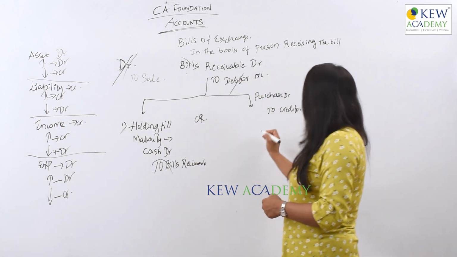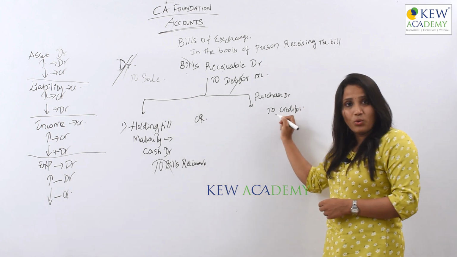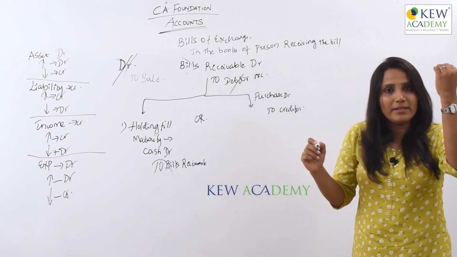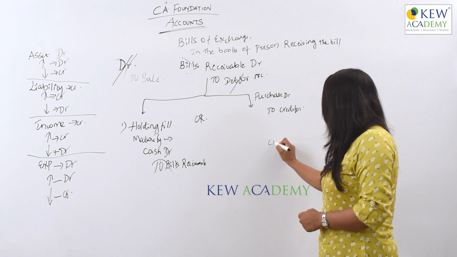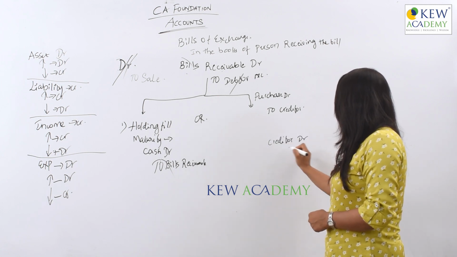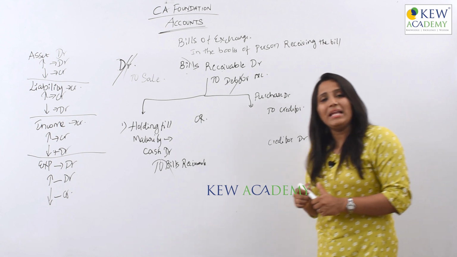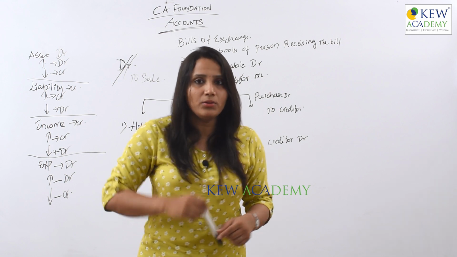Meaning, see here everyone, creditor is having which balance now? Credit balance. Now creditor balance should decrease. Everyone tell me, to decrease the creditor balance, what I should do? Creditor account debit.